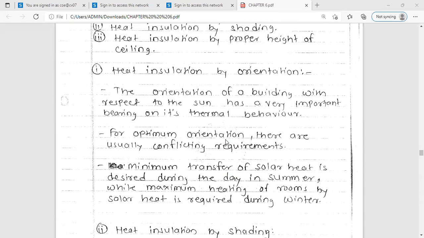Okay, means whatever the room temperatures are, or the inside temperature of the building. In summer season we need lesser temperature inside the buildings, and in winter season we need more temperature. So by considering that, we have to provide a particular room in the particular aspect, so we will get the thermal insulation in that particular room or units.